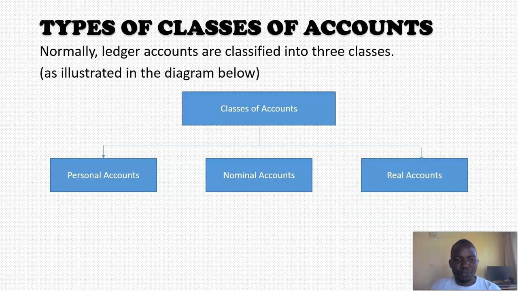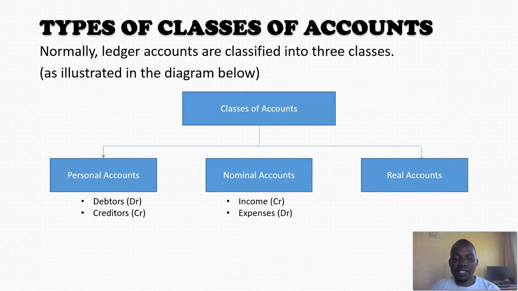Now, we should know very well what makes up personal accounts, what makes up nominal accounts, and what makes up real accounts. When you look at personal accounts, we are looking at accounts that house all the debtors and the creditors.